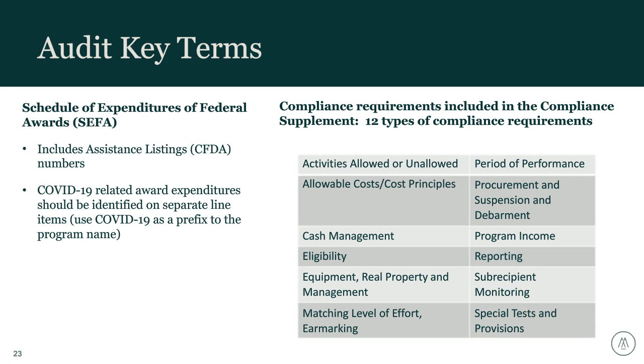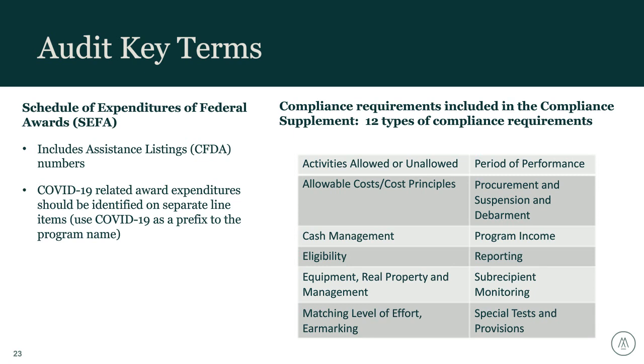I had also mentioned on a couple of previous slides about compliance requirements. These are effectively what the federal agency is expecting organizations to comply with to be able to satisfy the requirements of the program. And as I've mentioned also for the PRF, there's obviously no guidance out there yet other than what's in the FAQs.